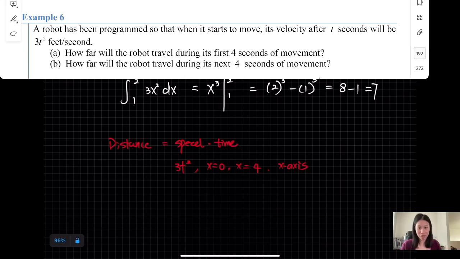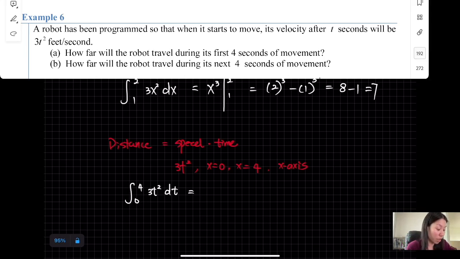So basically we're finding the integral, right? So that means we're finding the integral from 0 to 4 of 3t squared dt.